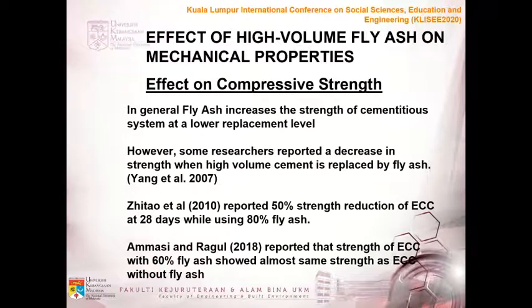Let's discuss the effect of high volume fly ash on the mechanical properties of ECC. Let's start with the effect on compressive strength. In general, fly ash increases the strength of cementitious systems at a lower replacement level. However, some researchers reported a decrease in strength when high volume cement is replaced by fly ash in ECC.